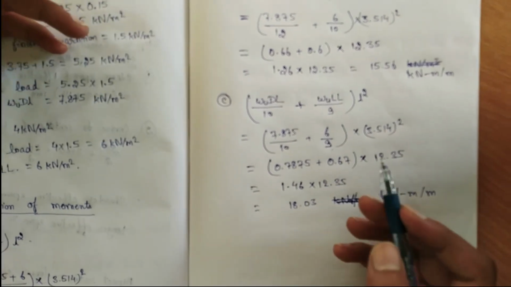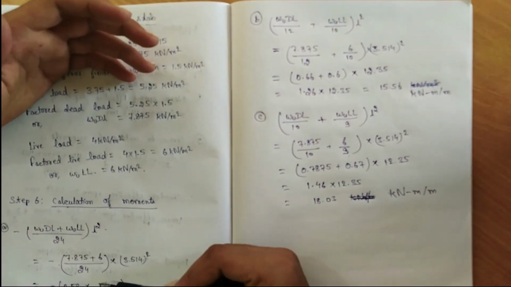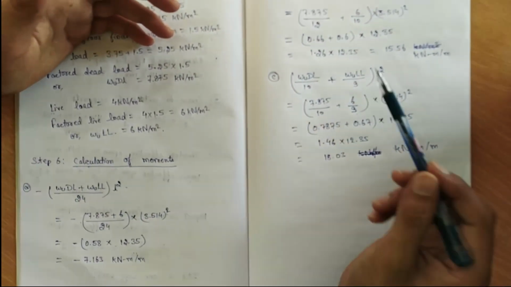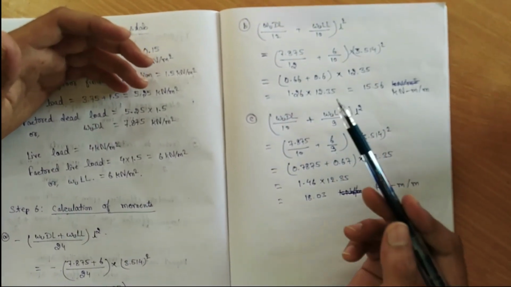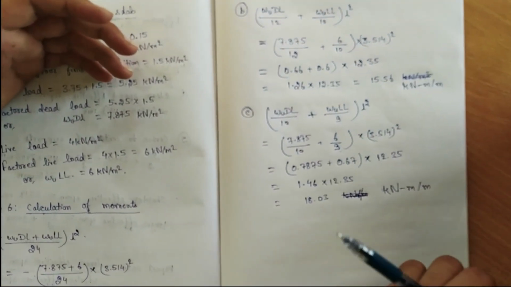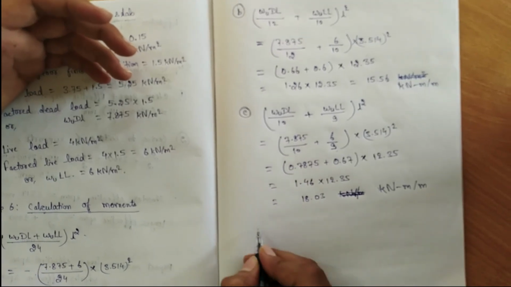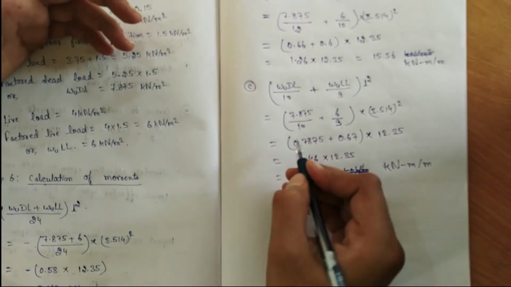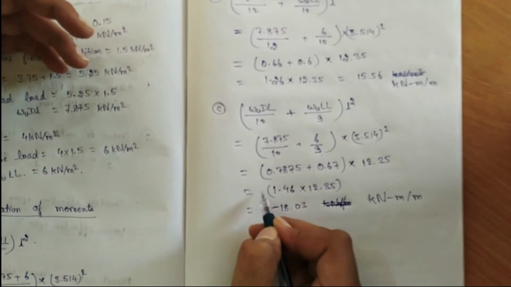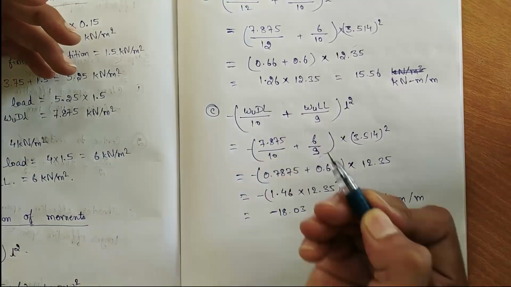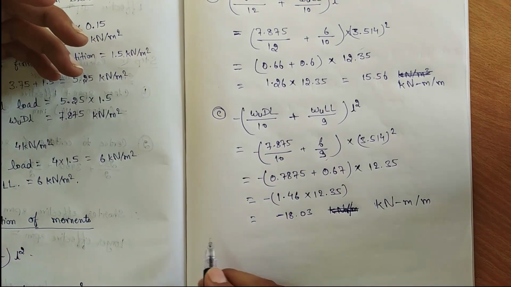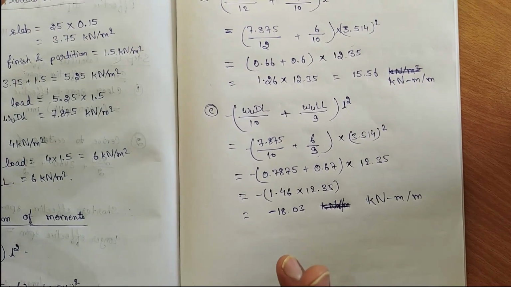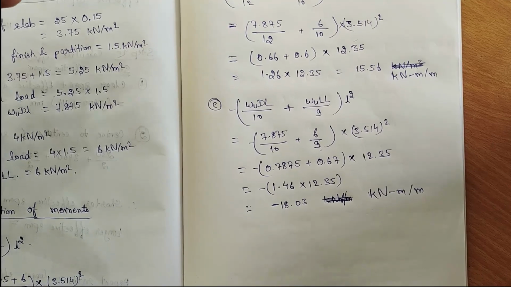So now that we have calculated all our moments, like the moment at the first support, the second support, and the third support, we will design our slab for the maximum moment. Which is the maximum one? It will be negative in sign, because it's the moment at support. Maximum should not be according to the sign, but according to the numerical value.